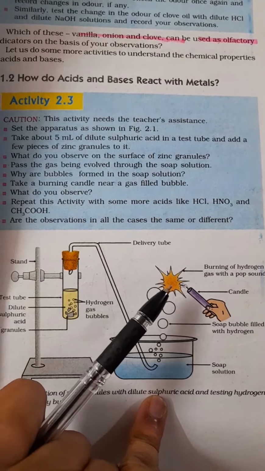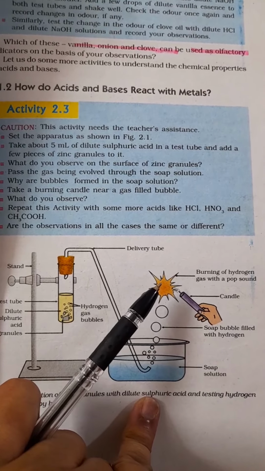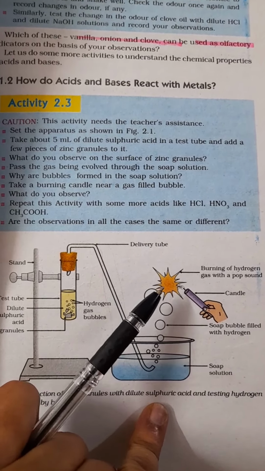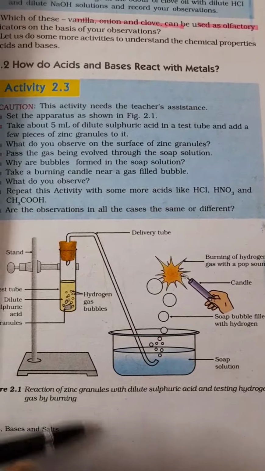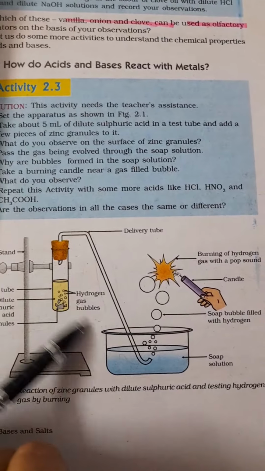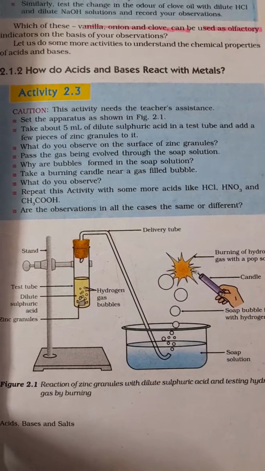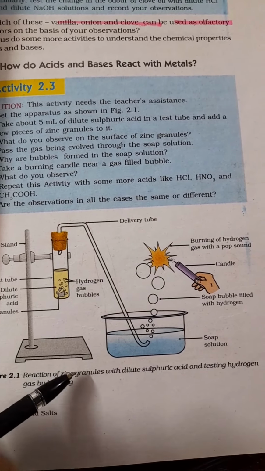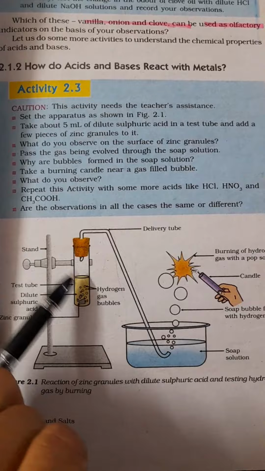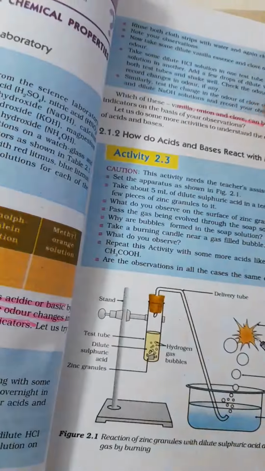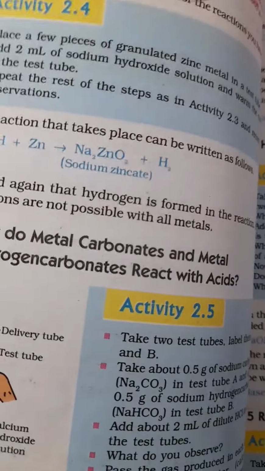Hydrogen gas is formed here, so you can hear a pop sound because of the formation of hydrogen gas, and you can see soap bubbles filled with hydrogen being formed. So the reaction of zinc granules with dilute sulfuric acid and testing the hydrogen gas formed is a very important part of the chemical reaction.